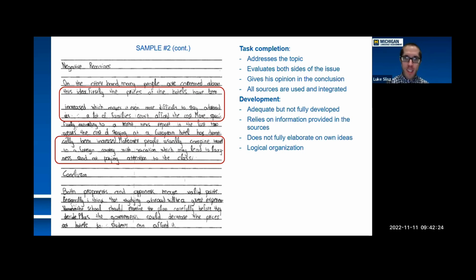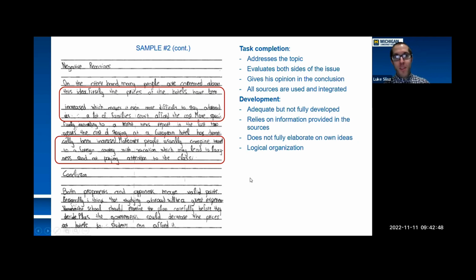So speaking of expansion of the development here, it is adequate. There are many sources that are brought in, and they briefly touch upon the consequences of the information in those sources. They don't fully develop them, like with the laziness in class issue. They don't give specific examples of what that would actually mean in practice. So what that means then is that they rely a little bit too much on the sources.